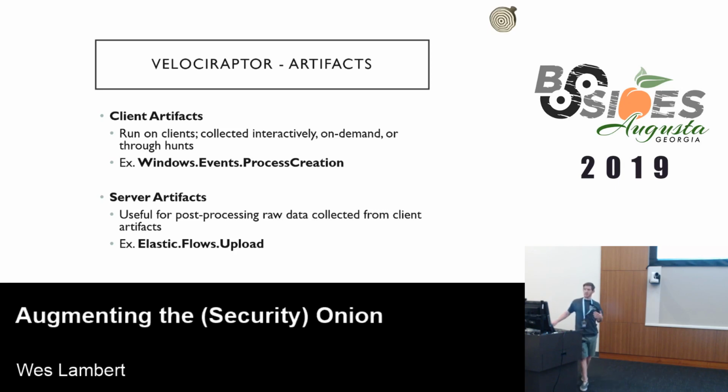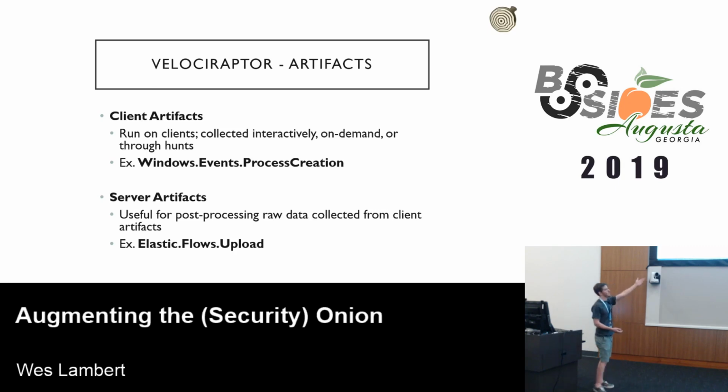Things like process creation are going to be monitored, network events. And then you can perform post-processing on those later using these server artifacts. So you can look at all these different things, right? And then filter out certain things, and then find what you want to look for, and then either alert on that or do further post-processing on those artifacts.